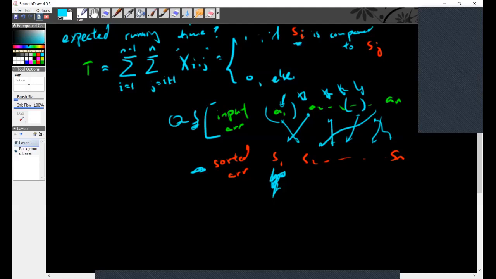But since we know that the sorted array is just a shuffle of the input array, let's say, for example, A1 maps to S2 and A7 maps to S5. Then asking whether A1 and A7 were compared is the same as asking whether S2 and S5 were compared.